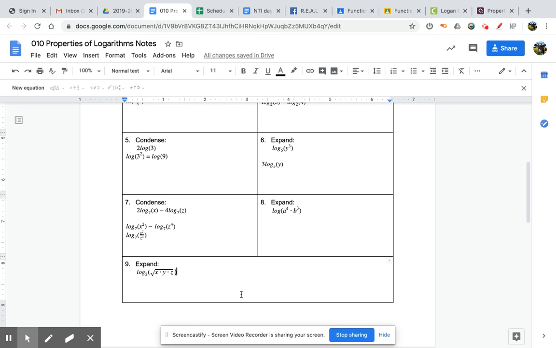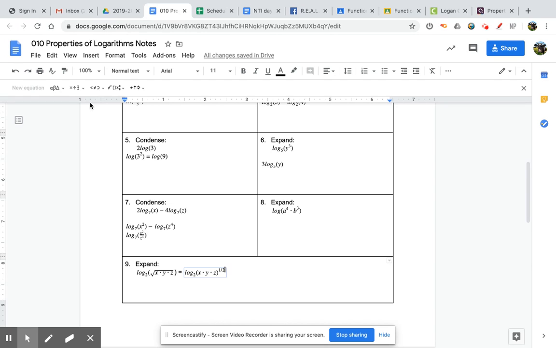The first thing that I'm going to do is I'm going to take away the square root, and I'm going to write it like this. X times y times z to the 1/2 power instead of having a square root there. Well, now I have an exponent up top. Well, I know what I can do with exponents.